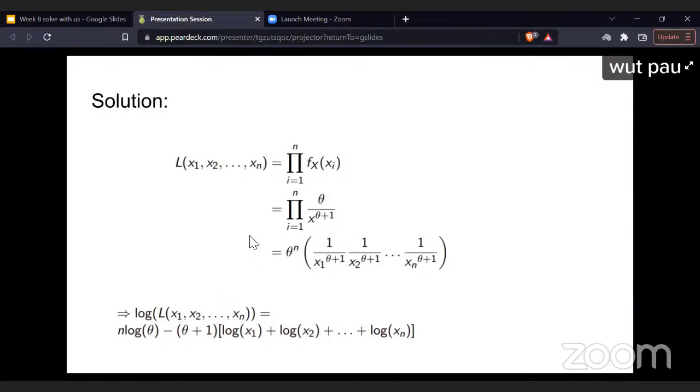Instead of writing log x1 plus log x2, you're saying we can take this theta term common and just write x1 plus x2, right? Not that, x1 into x2 into xn raised to theta plus 1, we can write it as. Yes, that would be easier in calculation.